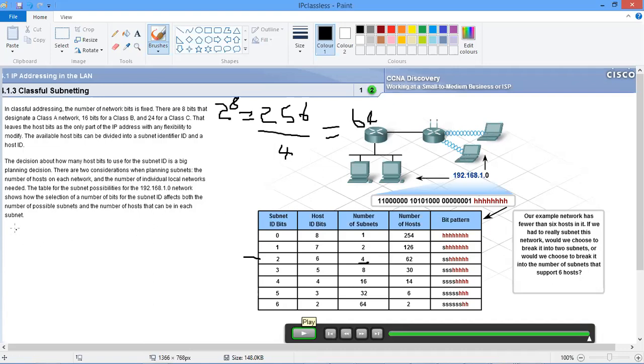So I know I'll be doing multiples of 64, slash 26. So the next network is going to be 1.64 as we did before, slash 26. The next network is 1 dot plus 64 again, 128 slash 26.